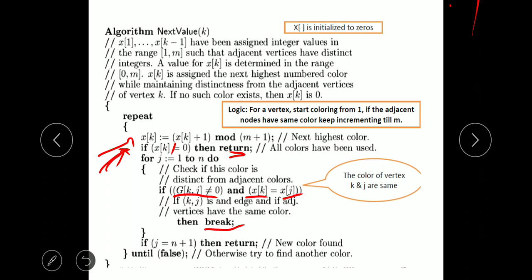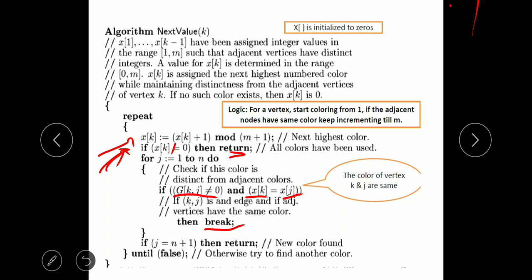Otherwise, if the colors are not the same, you come out and execute the statement if j is equal to n plus 1. That is, if everything is found correctly, that is, if the colors are found correctly, then j is equal to n plus 1.